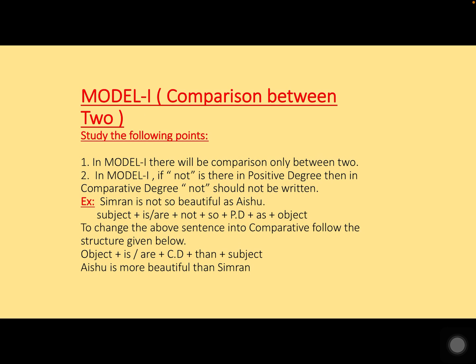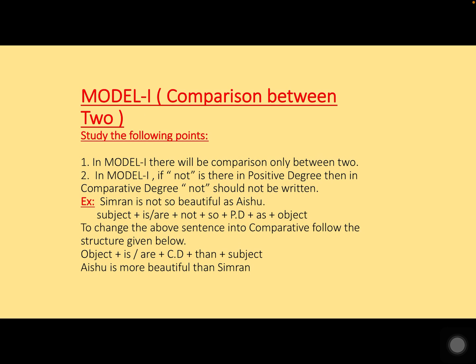In this, whenever we have comparison between two things, we can change the positive degree to comparative only, so we cannot change it into superlative. Whenever there is a comparison between two things, we have only the positive degree sentence and comparative degree sentence.